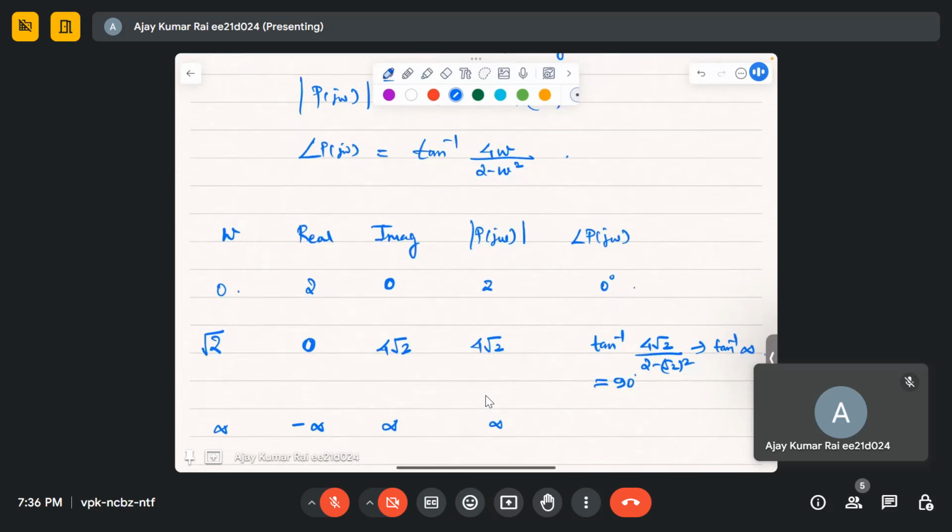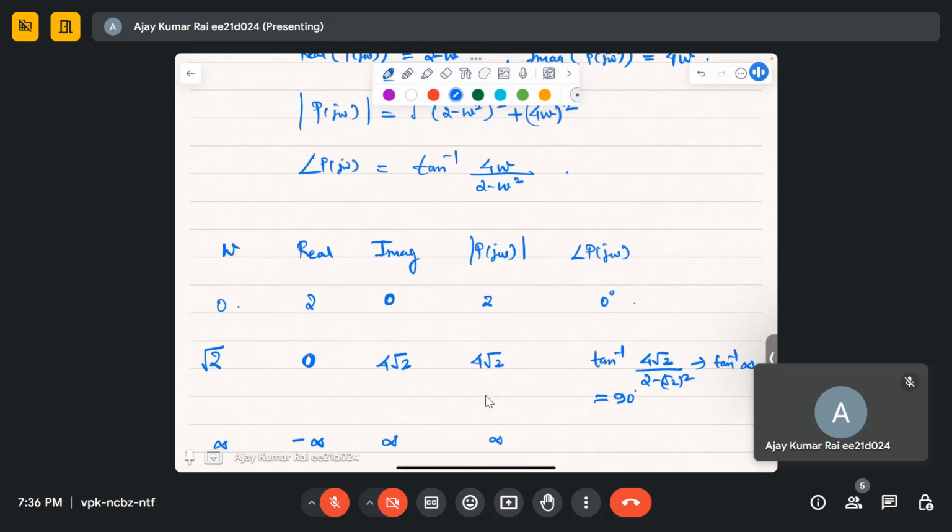Okay, so let's see the angles. What are the angles you are getting? Can I just use this tan inverse 4 omega over 2 minus omega square? Omega square is very large as compared to 2, so I can neglect 2, right? I will take minus outside, so I'll get minus tan inverse of 4 omega by omega square.